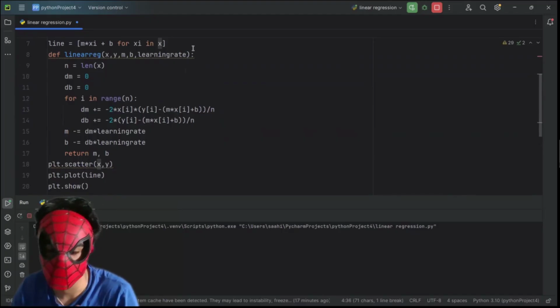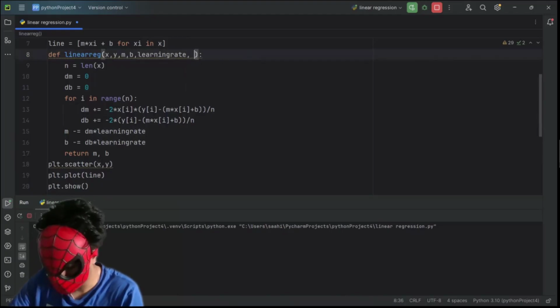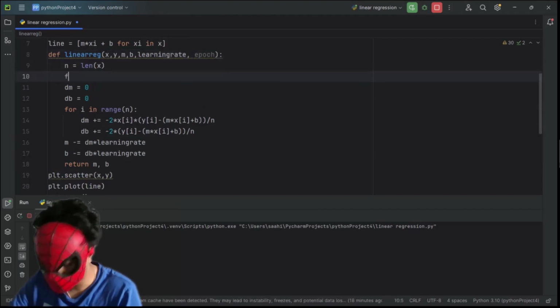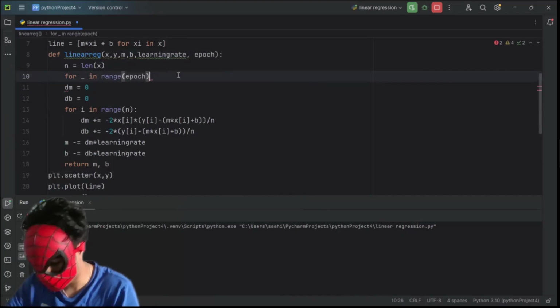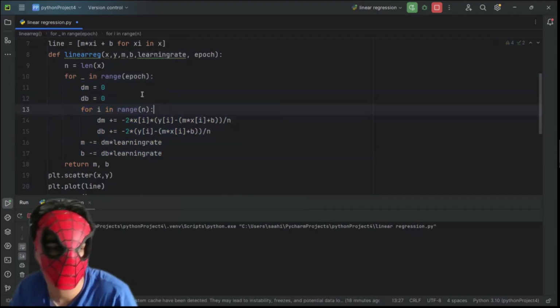Epoch is just the number of passes through the training data. So we keep the epoch at like 1,000 or something. Basically it means we're running through our algorithm epoch number of times. We just set the number of times we iterate and indent.